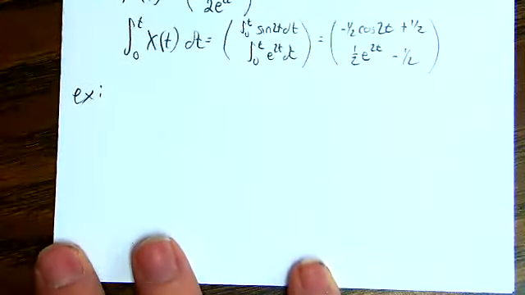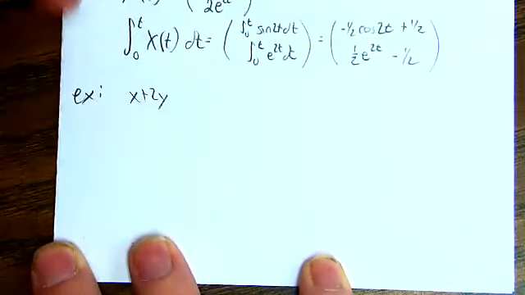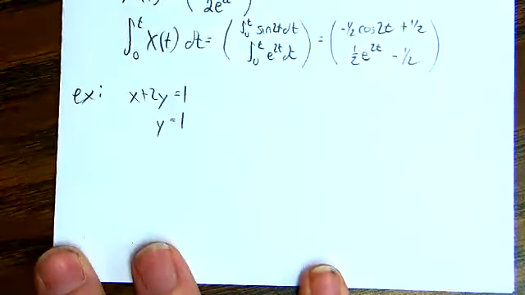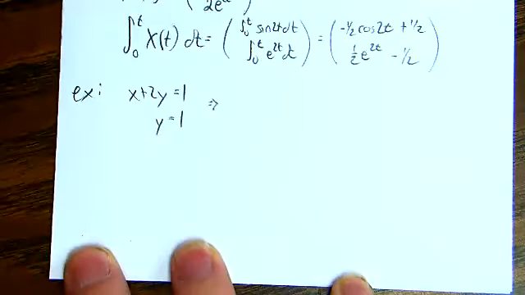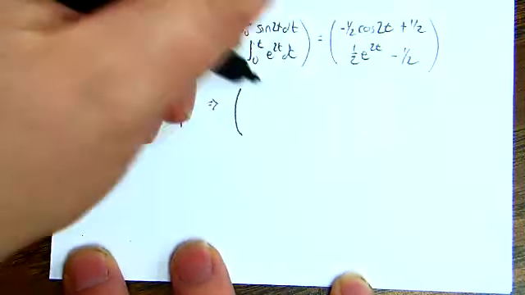Let's remember some basic operations on matrices. If I have the system x plus 2y equals 1 and y equals 1, solving this using algebra is incredibly straightforward, right? We already know that y is 1. I can plug that into the first equation and get x plus 2 times 1 equals 1 and find out what x is. But I could also write this as an equation using matrices.